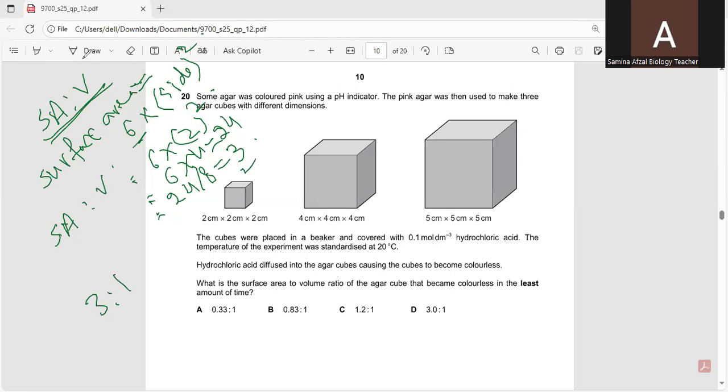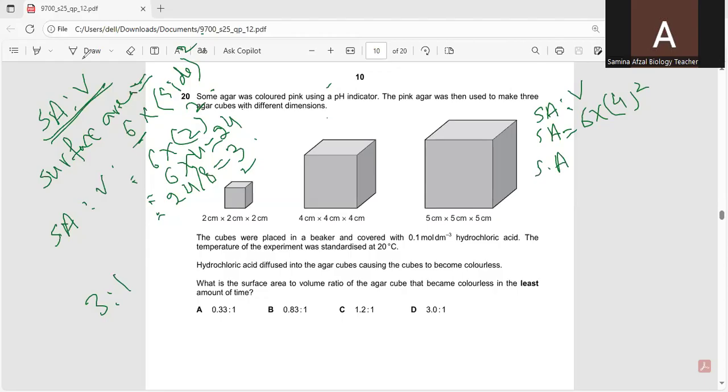Now we will move towards cube 2, which has a 4 centimeter side. So again, SA to V. SA will be equal to 6 faces into 4 squared.